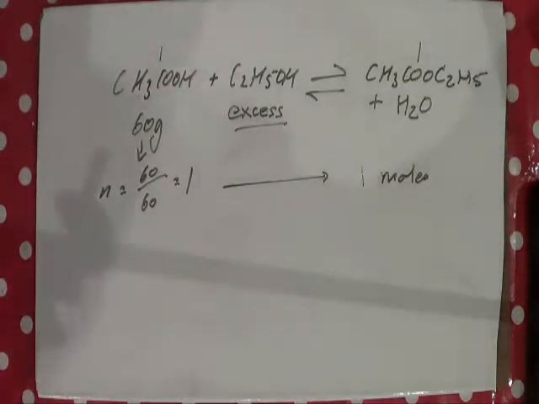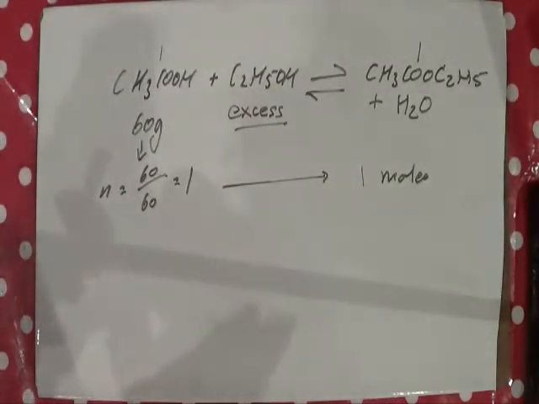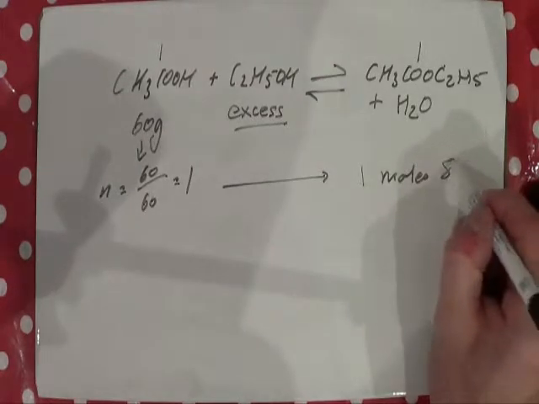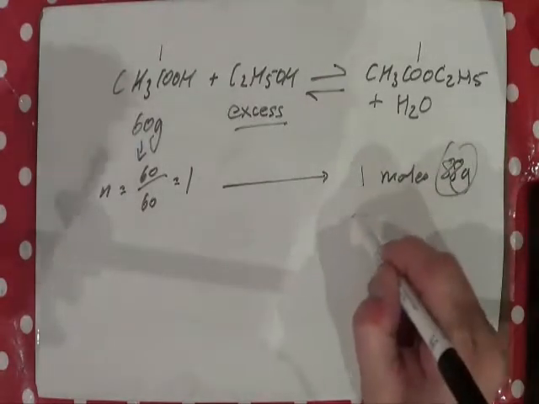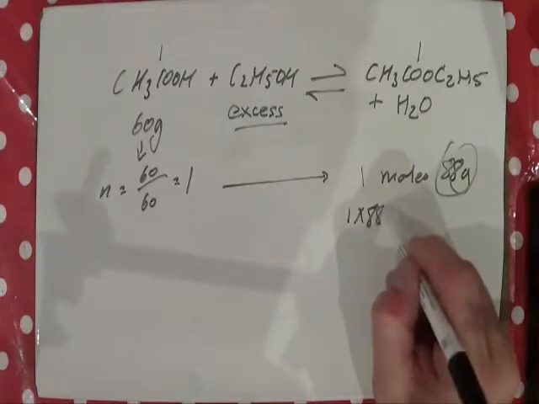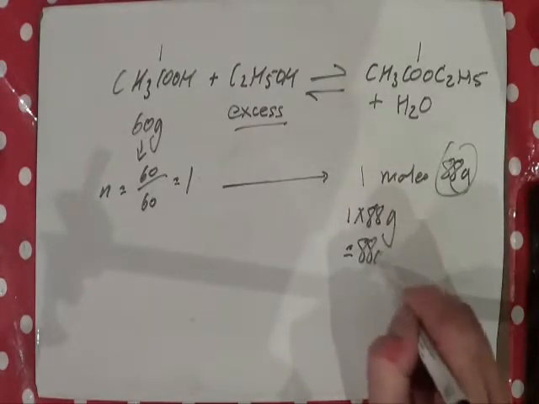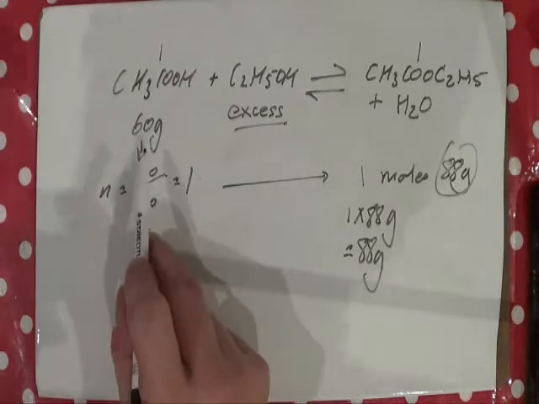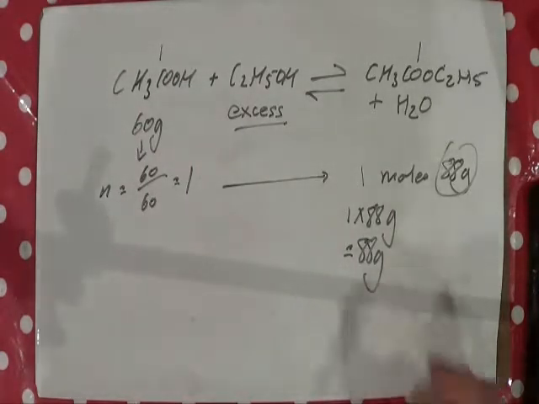Now, therefore what we need to do is calculate what is the mass of 1 mole of this particular substance. Okay, so it is 88 grams. So therefore the mass is 1 multiplied by 88, which equals 88 grams. So in other words, if I had 60 grams of this, I'd expect to make 88 grams.